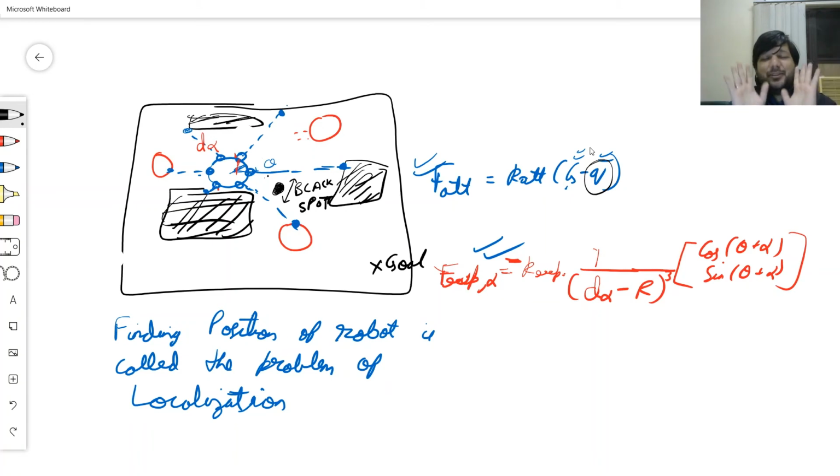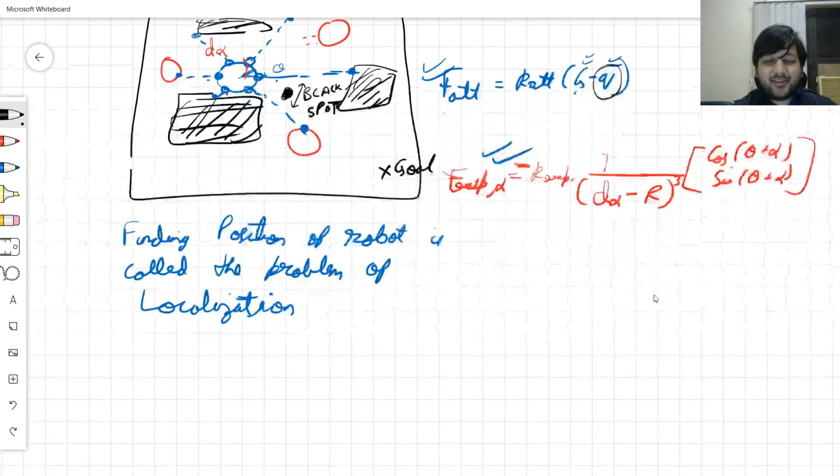For the repulsion, we use all these proximity sensors, real or virtual, and using that, the robots can avoid each other, because the proximity sensor says in which direction the obstacle is, at what distance the obstacle is, and it applies a force in exactly the opposite direction.